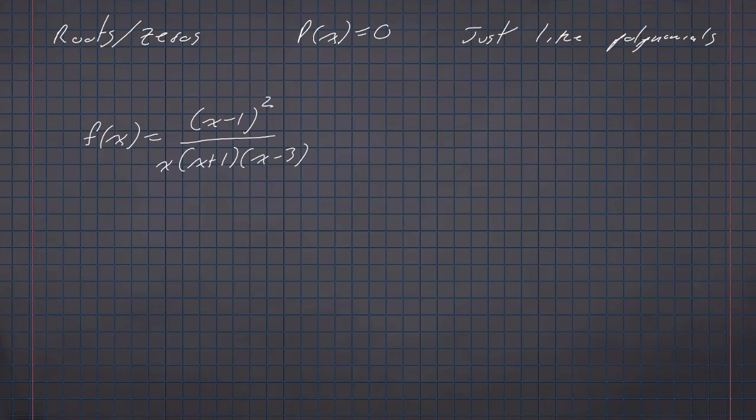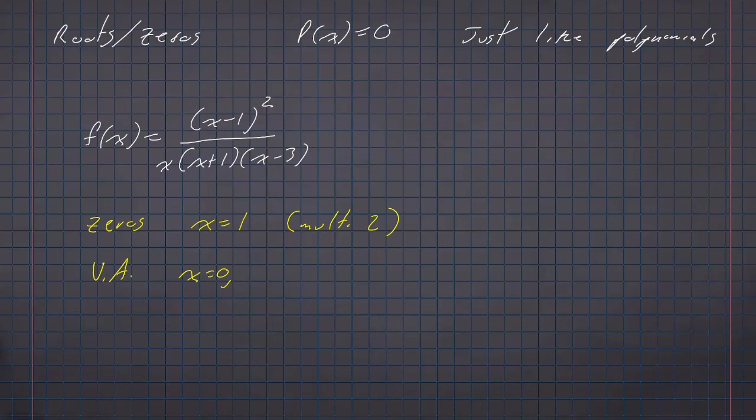Putting all of that together, I notice, first of all, that my zeros are going to be when x is equal to 1, and that has a multiplicity of 2. I'm going to have vertical asymptotes when the denominator is equal to 0.